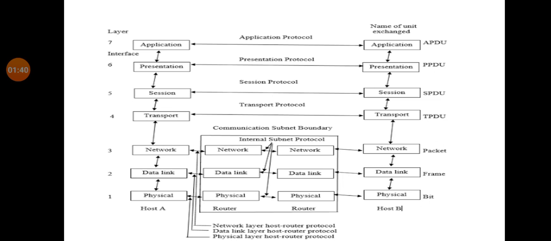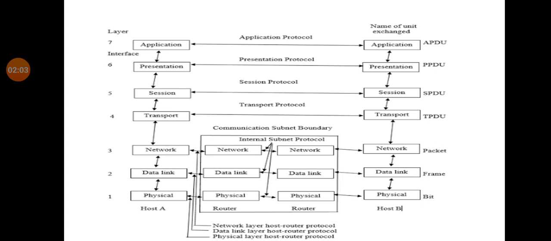This connection is the responsibility of the physical layer. It means the physical layer is responsible for activating, maintaining and deactivating the physical connection. So it will turn on the connection, turn off the connection, as well as maintain the connection.